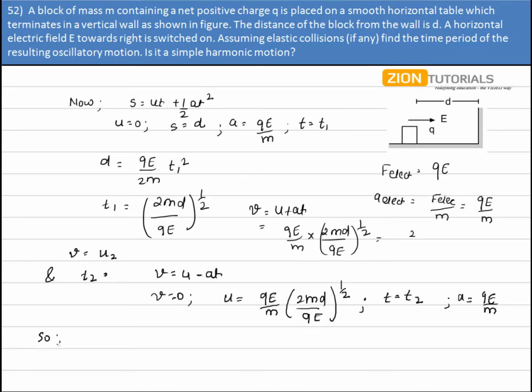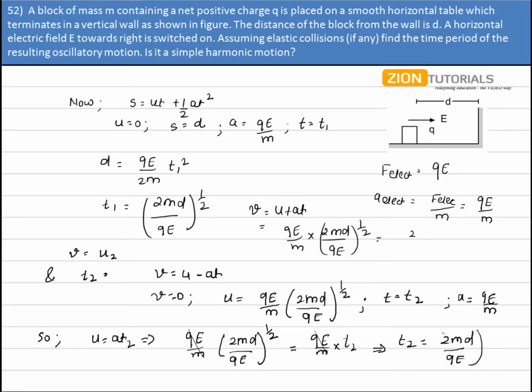So u = at2, that comes out to be qE/m × (2md/qE)^(1/2) = qE/m × t2. This qE/m is cancelled, so the value of t2 comes out to be (2md/qE)^(1/2).